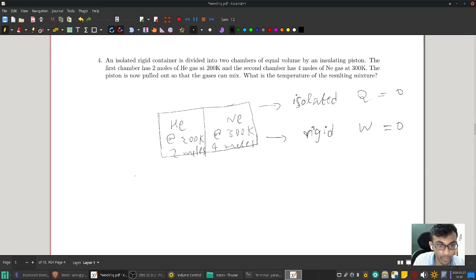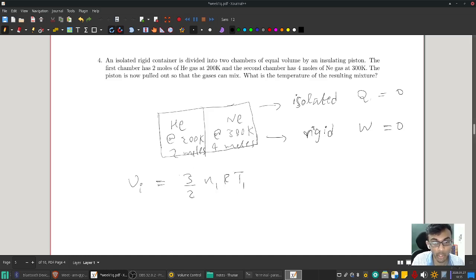So initially, the initial internal energy of the system is, so this is helium, so it is 3 by 2 nRT.